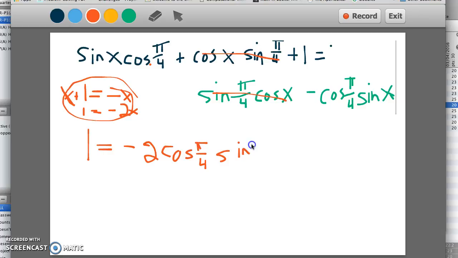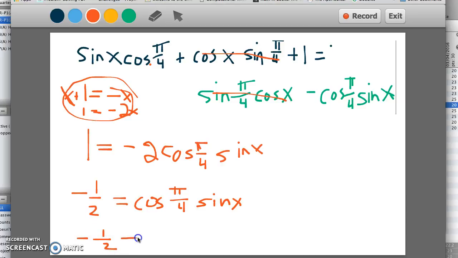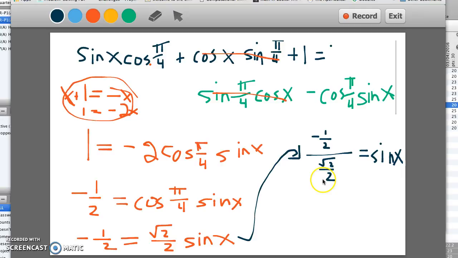Then we divide by negative 2 and get negative 1/2 equals cos pi over 4 sine x. We know what cos pi over 4 is: pi over 4 is 45 degrees, and sine and cosine of 45 are root 2 over 2. We divide by root 2 over 2 on both sides to get sine x by itself.